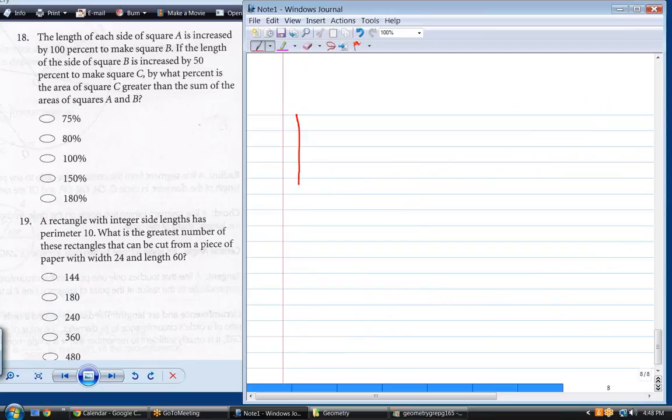All right, let's take a square. And it said the length of each side of square A is increased by 100%. So if side A was 3, what is side square B going to be?